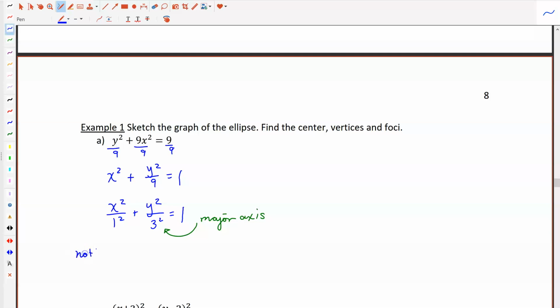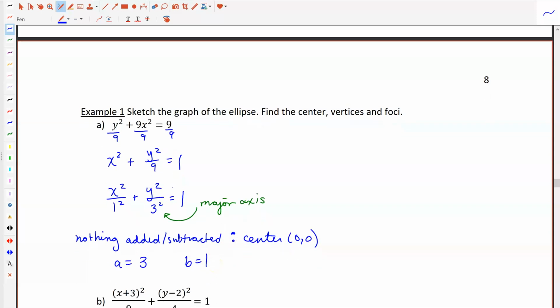Also notice that nothing is added or subtracted to those variables. So this means this thing's center is going to be our very, very easy case at the origin, 0, 0. And then your a value is going to be 3 and your b value is 1.